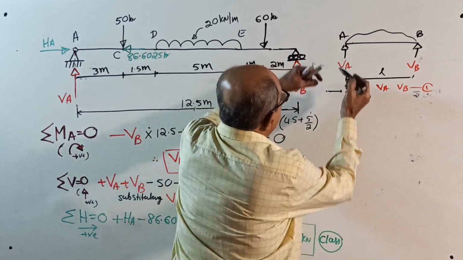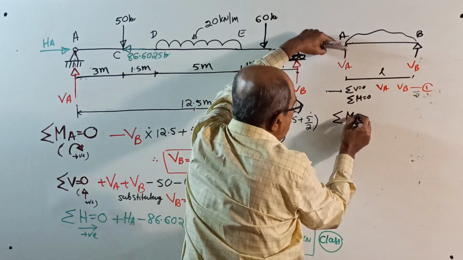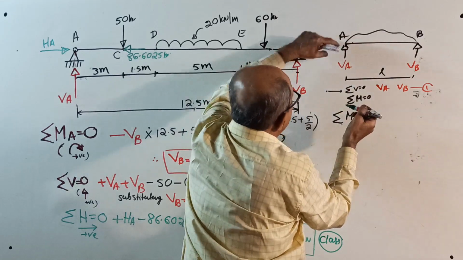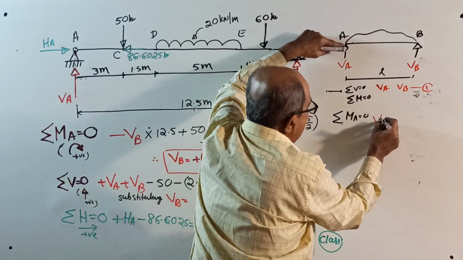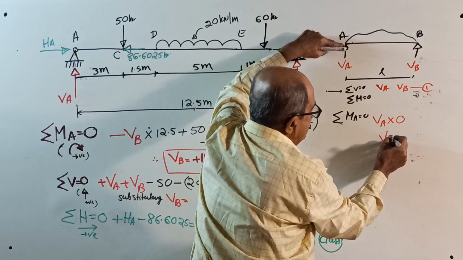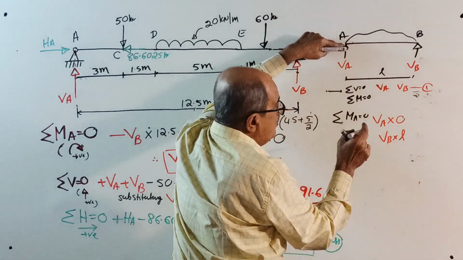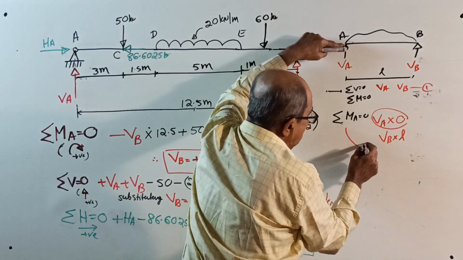See here. If you write sigma M about A equal to 0, then VA into 0, whereas VB into L. Sign is not required. So you will get the value of VB.